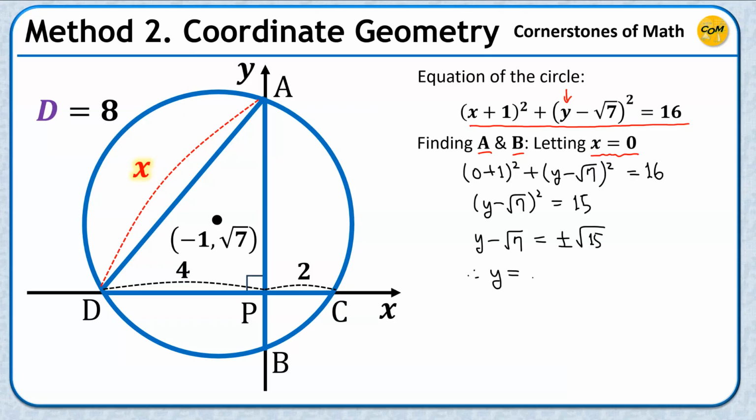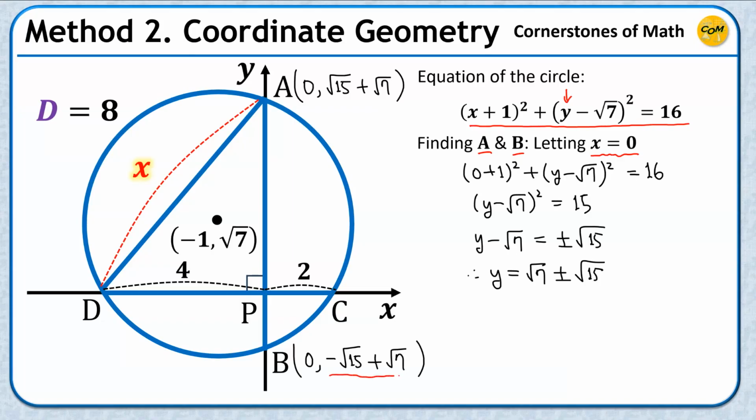Hence y equals square root of 7 plus minus square root of 15. This means that the coordinates of point A is 0, square root of 15 plus square root of 7, and for B, 0, minus square root of 15 plus square root of 7. Here, notice that the y-coordinate of B is negative, as expected from the figure.